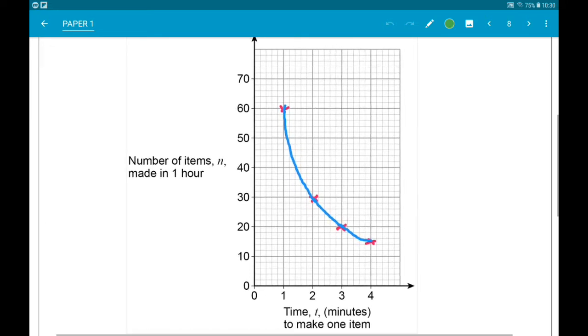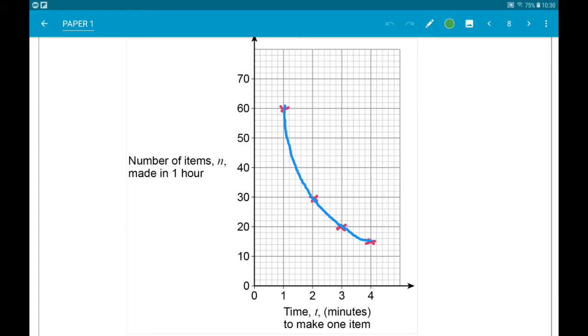Okay, so on the grid we have n going up the side, t going along the bottom. So we want to plot values of n when t is 1, 2, 3 and 4. So for example, the first point we get is n equals 60 over 1, which is 60.